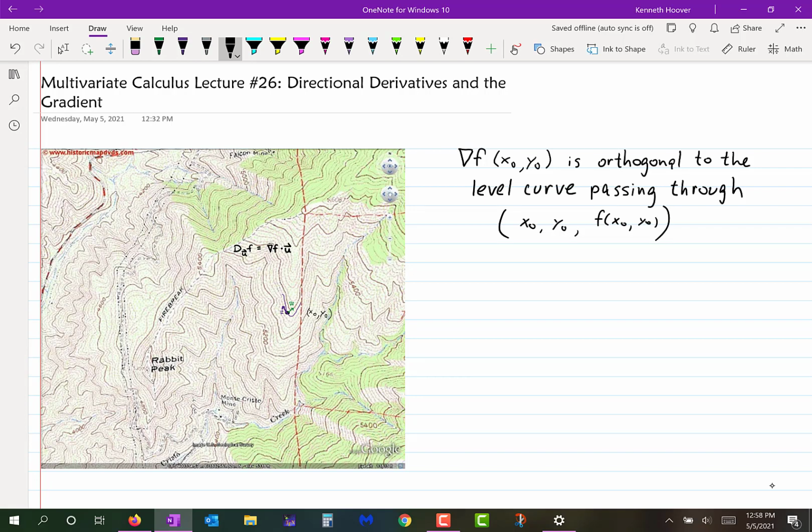In the picture, I just put two coordinates, x naught, y naught, because we're just looking at a plane. But if this was actually 3 dimensions, then I would put f of x naught, y naught as the z coordinate.